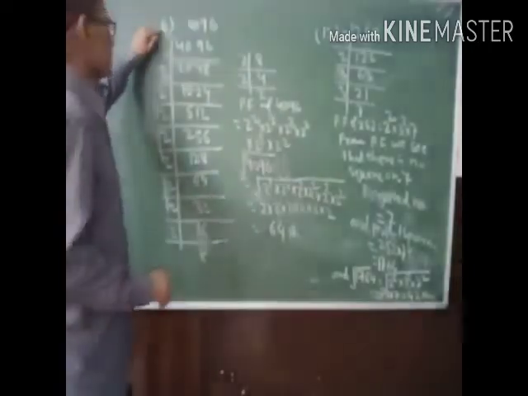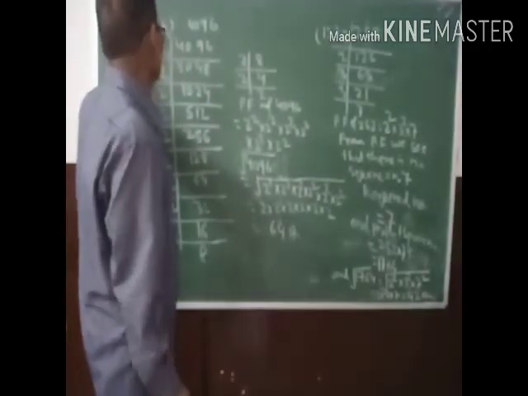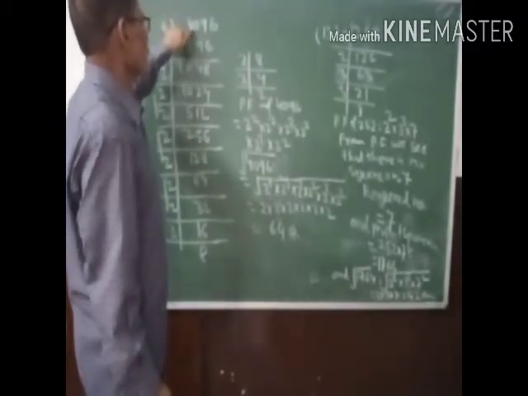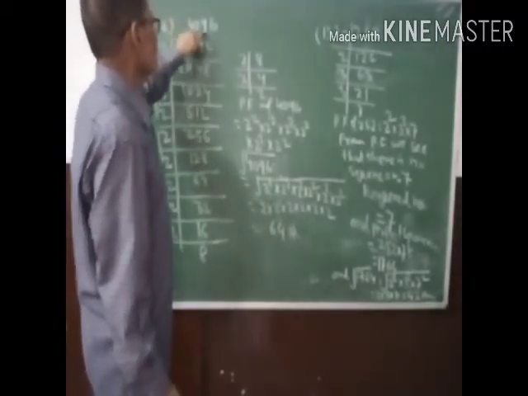Now let us consider question number 6. We have to find the square root of 4096.